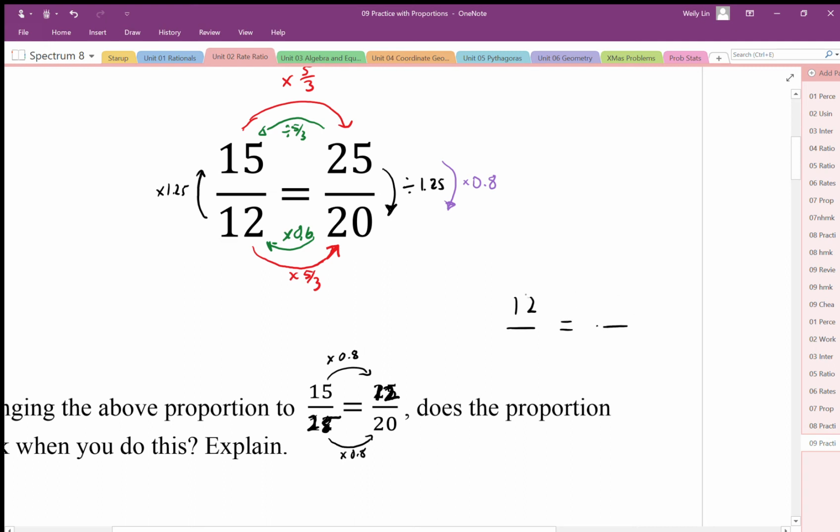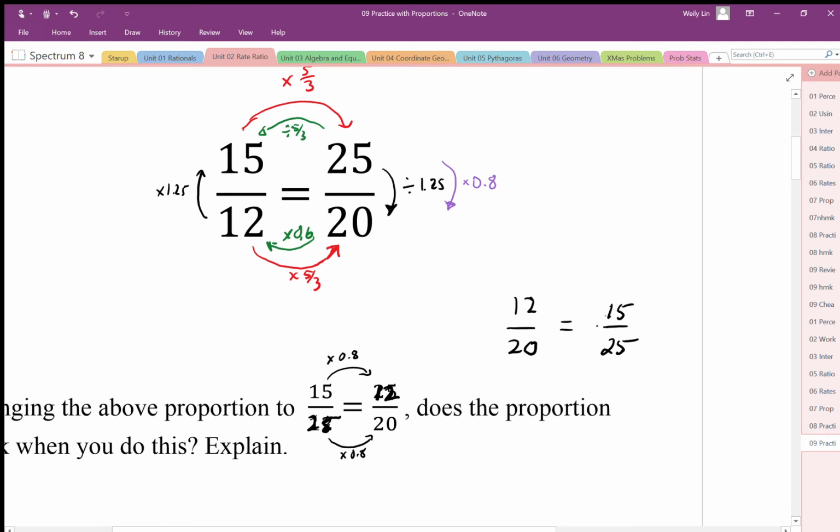I'm going to rotate the 12 into the top position, the 15 is going to rotate over to this position, the 25 is going to rotate down to this position here, and the 20 is going to rotate clockwise into where 12 was. If we write this relationship, we're basically turning it on its side. This proportion still works.